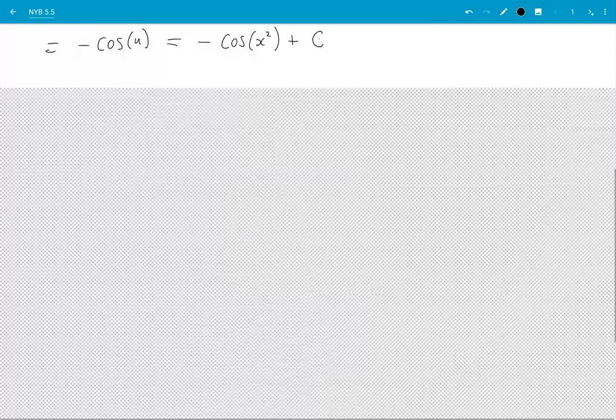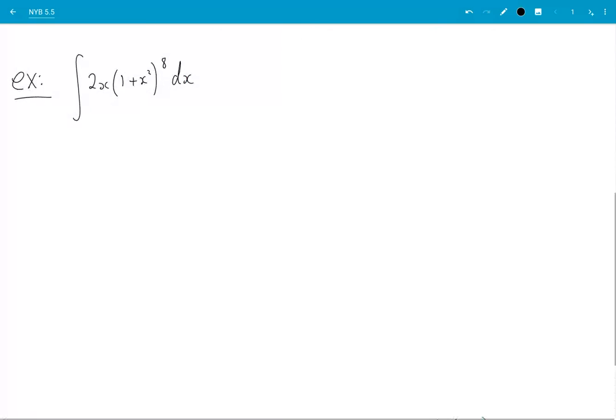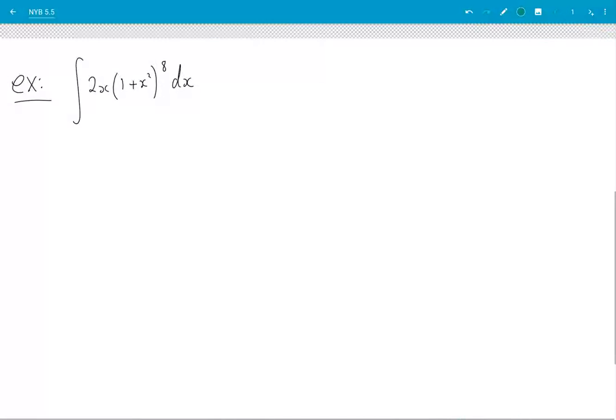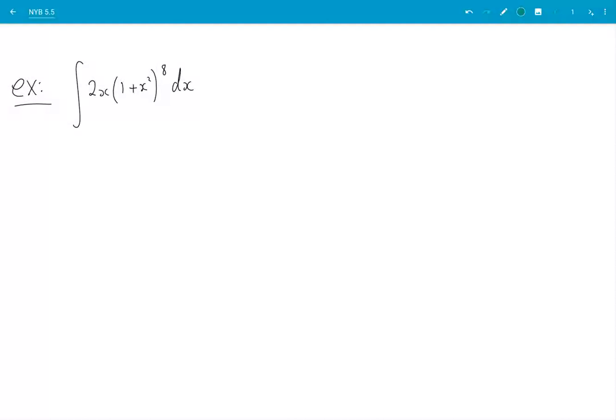Okay, another example. So here we go. Something with no trig, but still we have an inside function. 1 plus x squared. Oh, why does that always happen? So I choose that. Okay, it won't always be this easy, but to begin with, it is. Take a derivative.